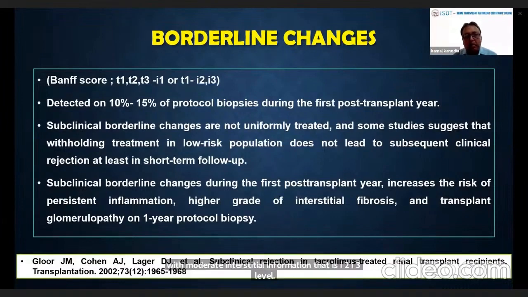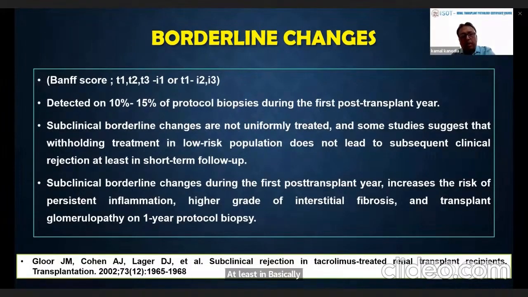It is detected in 10 to 15% of protocol biopsies during the first post-transplant year. And subclinical borderline changes are not uniformly treated, and some studies suggest that withholding treatment in a low-risk population does not lead to subsequent clinical rejection, at least in short-term follow-up.